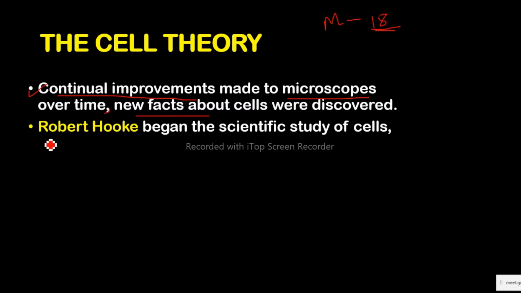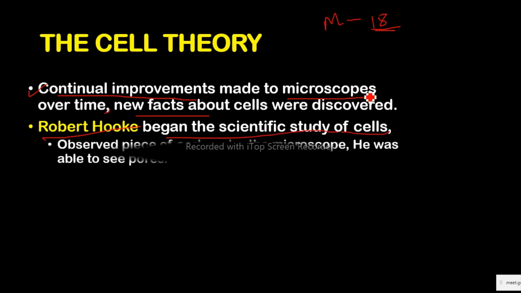So the first man, we should even give a standing ovation to this man. This Robert Hooke is the one who began the science of cells. He's the one who was first able to postulate that there is a world of cells, that there is something called cells.